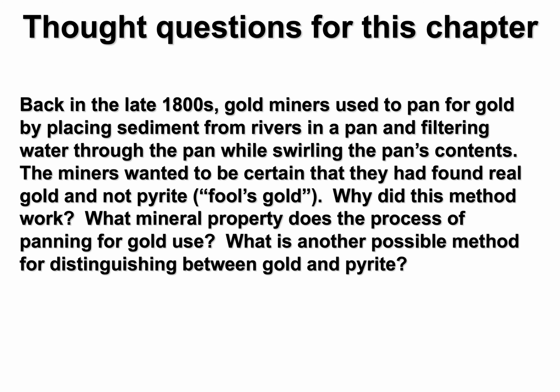Why did this method work? What mineral property does the process of panning for gold use? What is another possible method for distinguishing between gold and pyrite? I think this is also a question which could be answered very quickly and very easily.